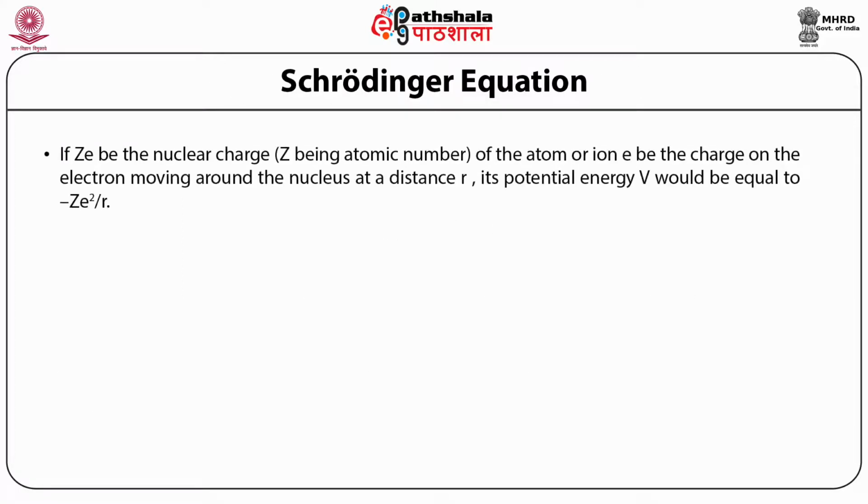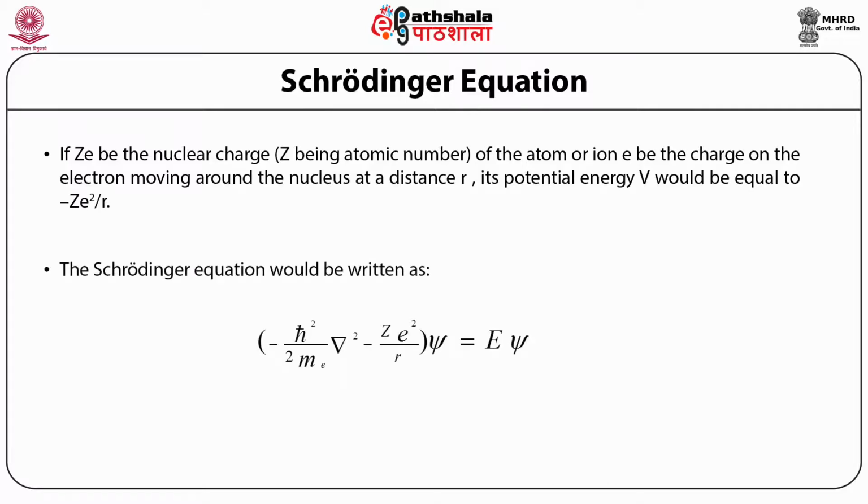If Ze be the nuclear charge, Z being the atomic number of the atom or ion, and e the charge on the electron moving around it at a distance r from the nucleus, its potential energy V would be equal to minus Ze square upon r.